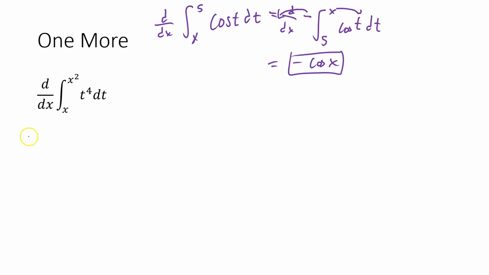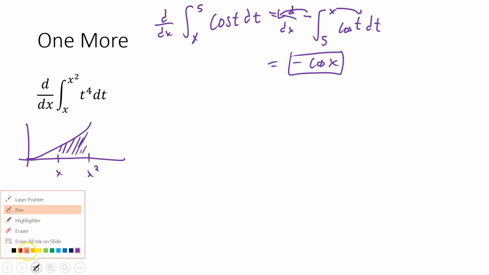So the way I think about this is, you've got your function, t to the fourth, which is kind of a parabola looking thing, and x will be like here, and x squared will be somewhere over here. There are many ways to think about this, but I want the area between x and x squared. To get that, I want to introduce a constant somehow. So we could think about this as, let's use some different colors here.